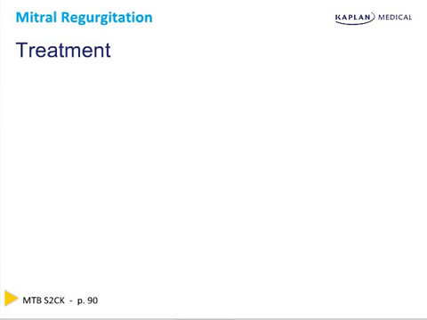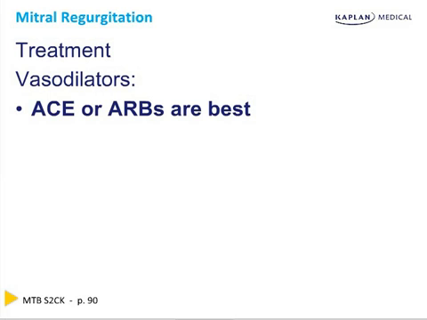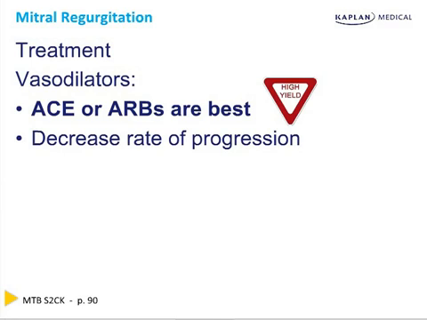This is one of the most common questions for Step 2 CK. The best initial therapy for regurgitant lesions, even in the absence of symptoms, is vasodilator therapy. As you dilate the peripheral vasculature, it lowers the pressure in front of the heart. This makes it easier for blood to go forward. These are indispensable facts because they are frequently tested, because they are able to decrease the rate of progression of the disease.